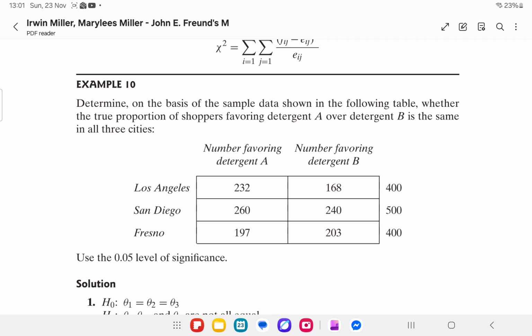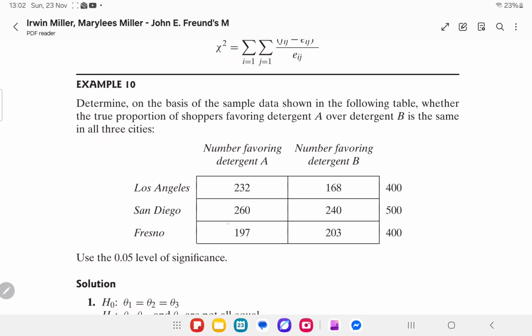So in the k proportions, in this table, 322 people favor detergent A out of 400, and 168 people favor detergent B out of 400.